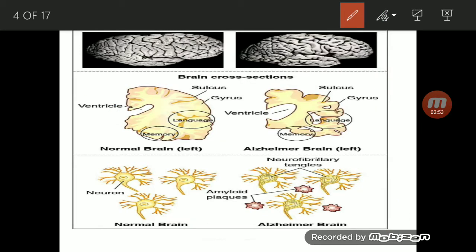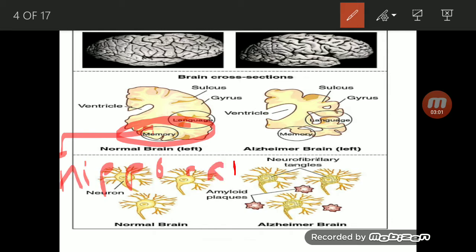One of the main areas of the brain, if you consider this area, is the hippocampus, and the hippocampus is important in storing memory and learning as well.